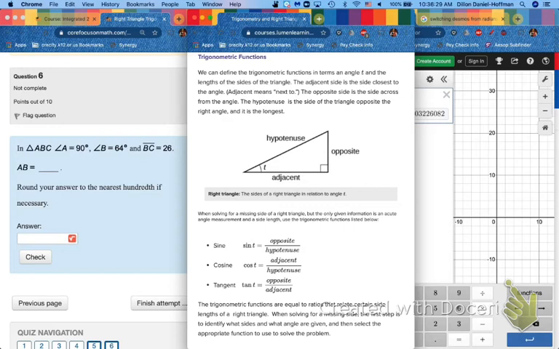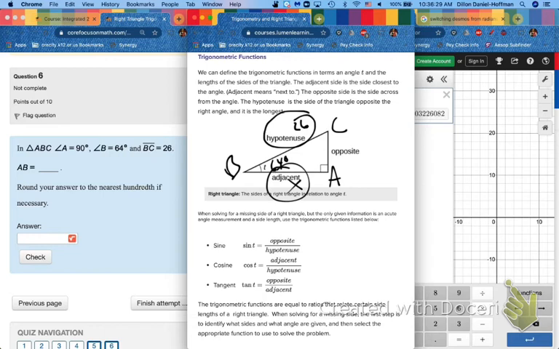Number 6 in our triangle A, B, C. Angle B is 64. They give us BC this time is 26. So that's hypotenuse. And they want us to solve for AB, that's adjacent. Adjacent and hypotenuse. Yes, that is cosine, which I believe we started, and now we're ending this assignment with cosine.